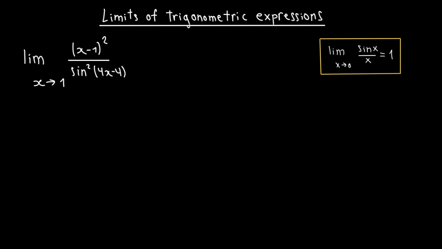But before I start solving this problem, I want to talk about the fact that since sine of x over x tends towards 1 as x tends towards 0, we reciprocally have that the limit as x tends towards 0 of x over sine of x is also equal to 1.